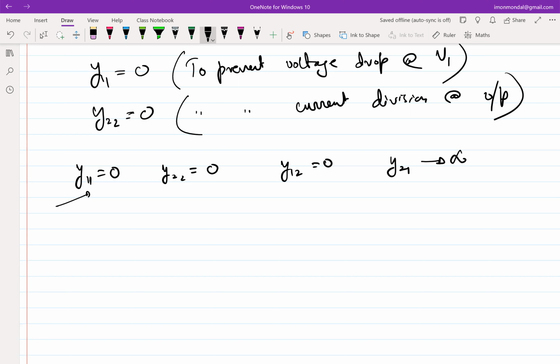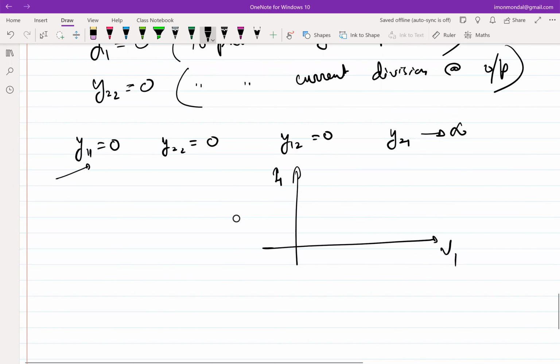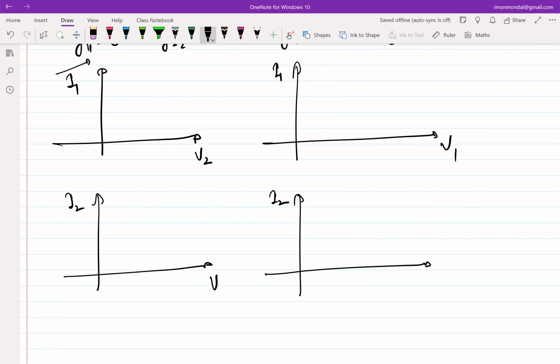Okay, so let me sketch it in this way. So let's say I1 versus V1, I1 versus V2, I2 versus V2 and I2 versus V1.